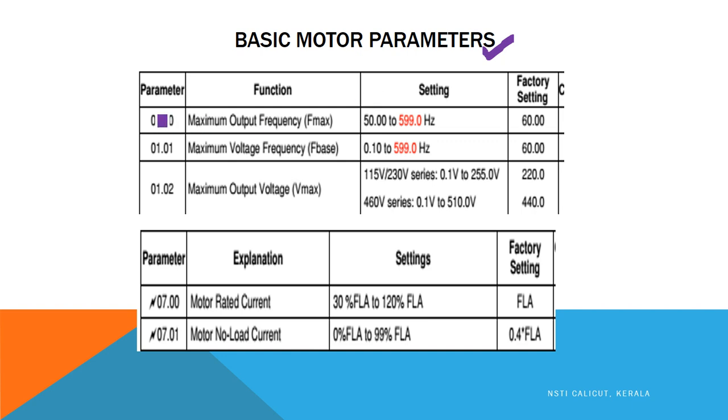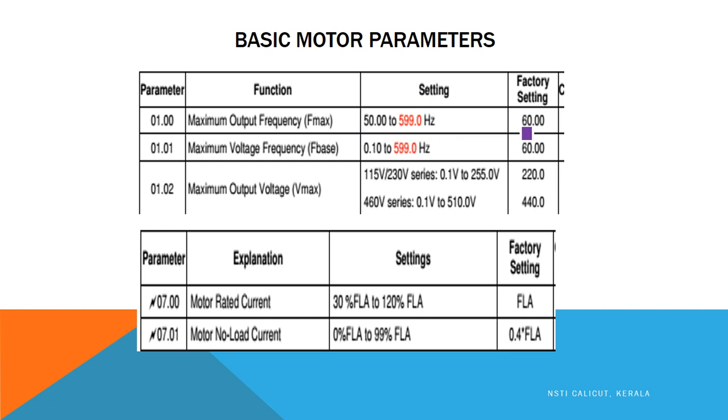The few parameters you will be able to see are 01.00 to 01.02. The first one gives the maximum output frequency. It means the VFD is able to give a frequency range up to 599 Hz, but we will be able to set the maximum frequency. In India, we are operating at 50 Hz.